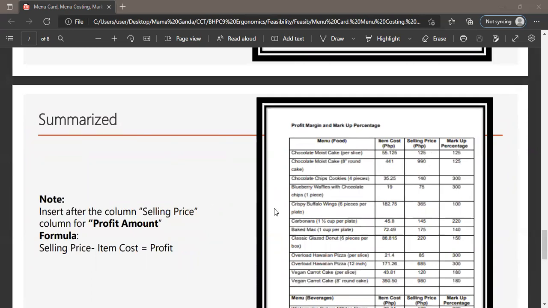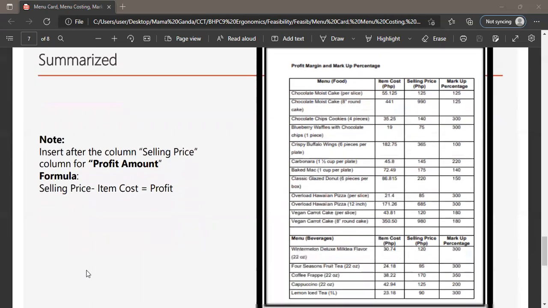Okay, so what you're going to do is you have the menu or the name of each and every dish that you are going to serve in your establishment, the item cost, how much is the total cost, and your selling price. But take note, you need to insert the profit here, after the selling price column. Before the markup percentage, kindly insert an additional column for the profit, or the amount of the profit that you are going to have.